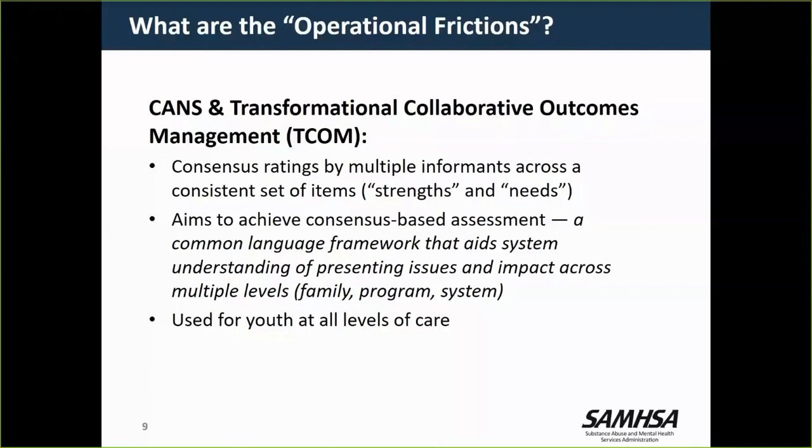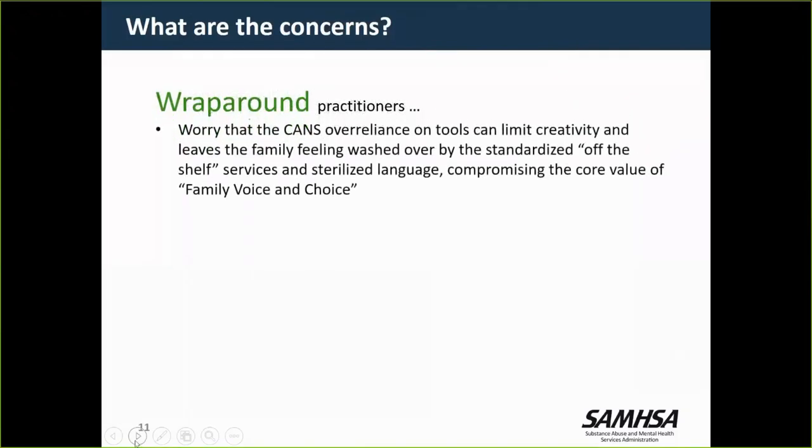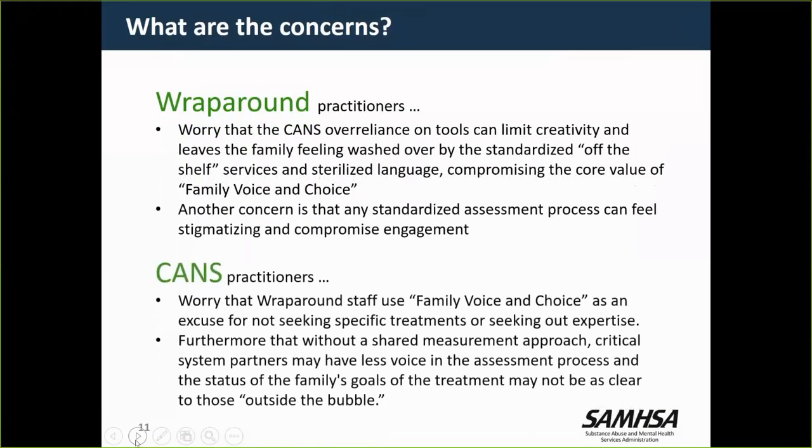So when we look at the concerns, what we've heard from surveys that we've done from practitioners and supervisors is we hear people talk about how they worry that the CANS, John, can create limited creativity and leaves the family feeling washed over by the standardized approach.